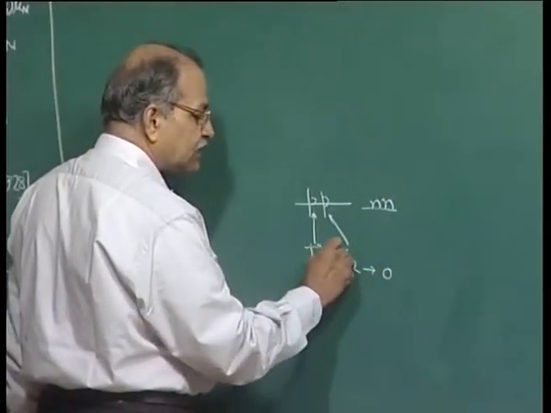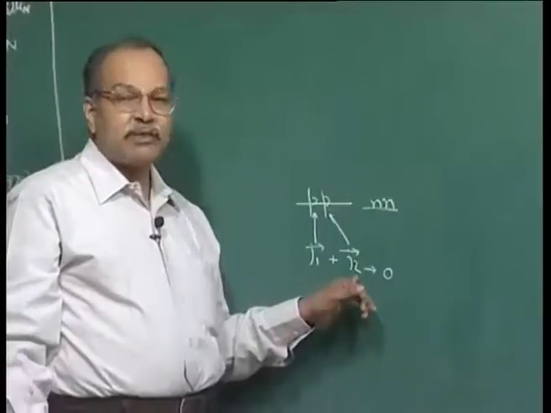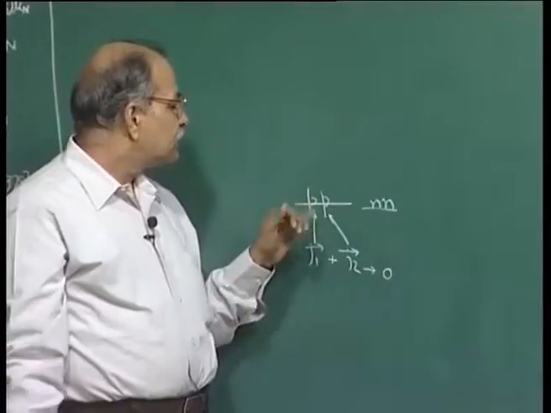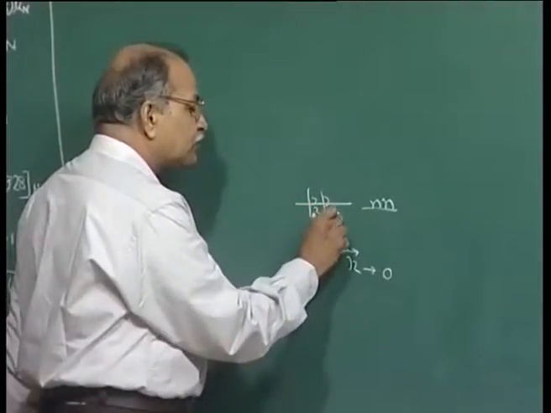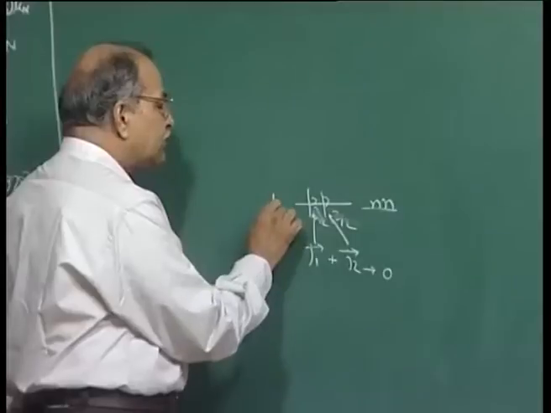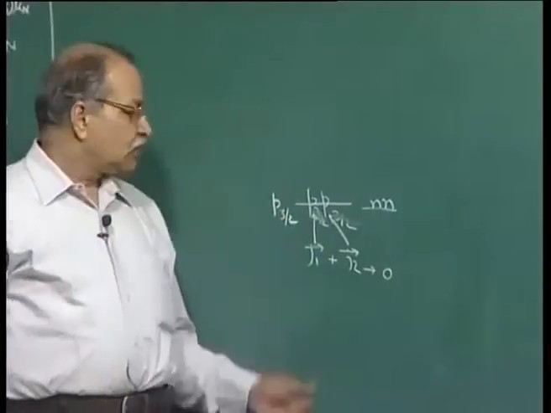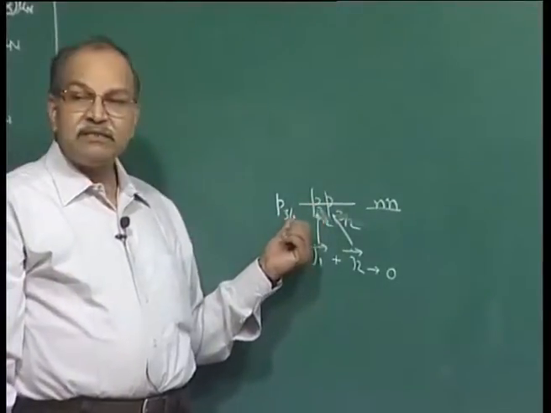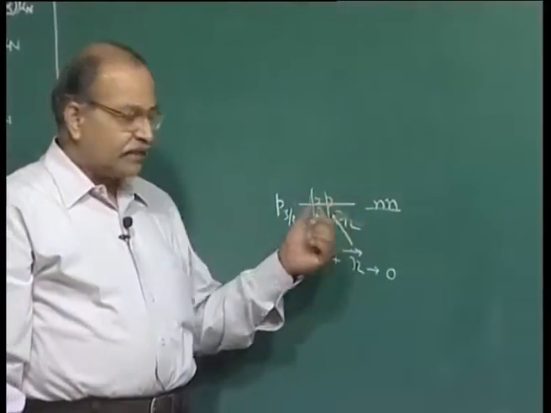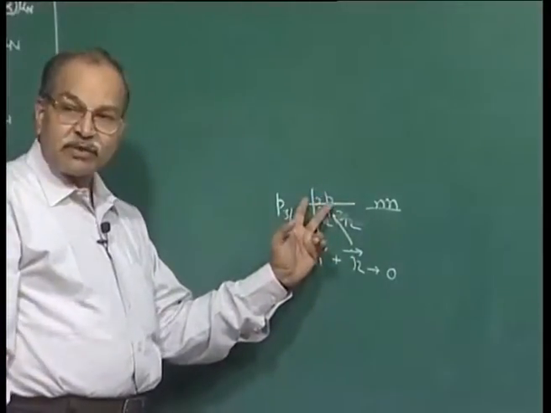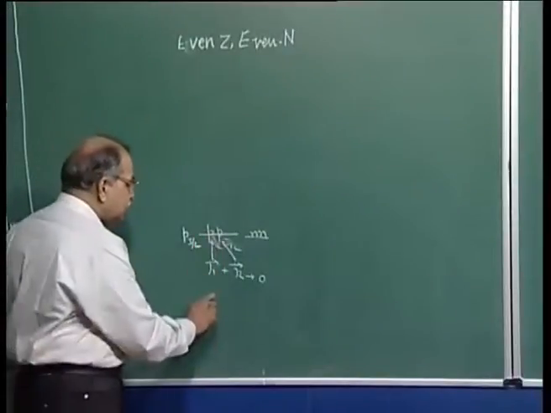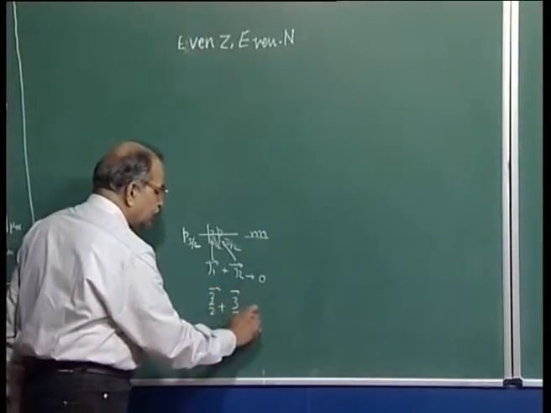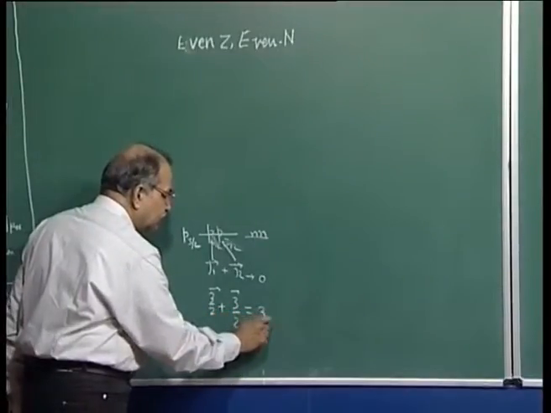In general, this plus this can give many other things. For example, if it is P 3 by 2, a proton in the level P 3 by 2, then 3 by 2 is the J value for the first proton, 3 by 2 is the J value for the second proton, and the total angular momentum quantum number can be 3, this plus this, down to 0, this minus this.